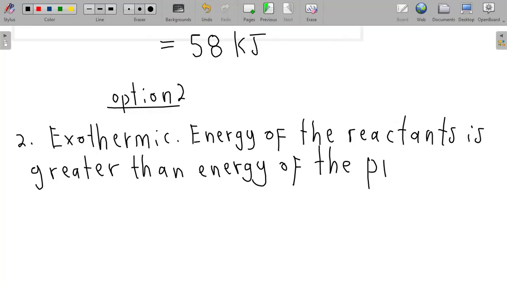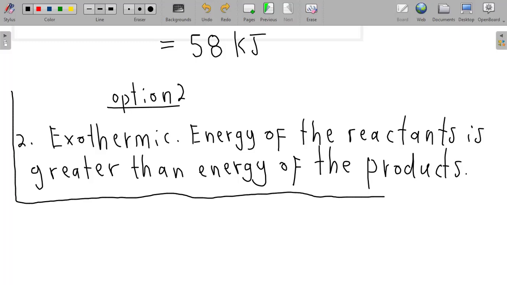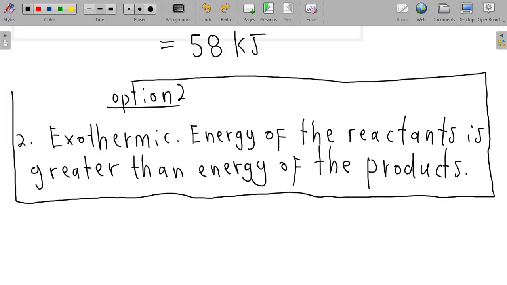So this could be another explanation. You could use the enthalpy, or you could say this. It could be one way or the other. It doesn't have to be both, you see?